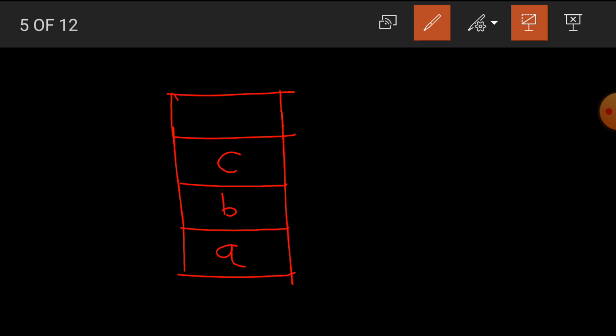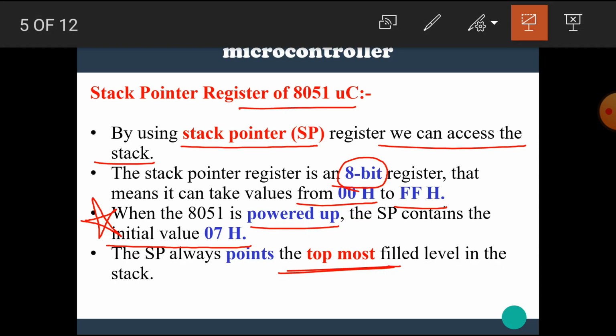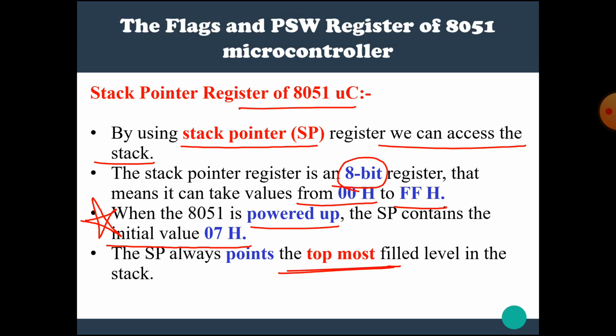Then the stack pointer represents the topmost filled position in the stack, where data is stored. Hence the stack pointer register shows this position. I hope you understand this concept.